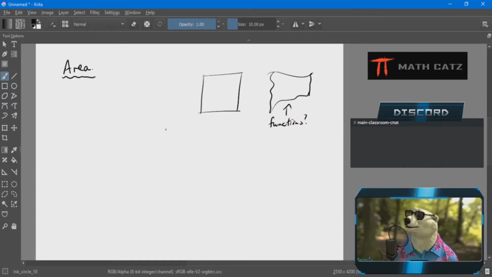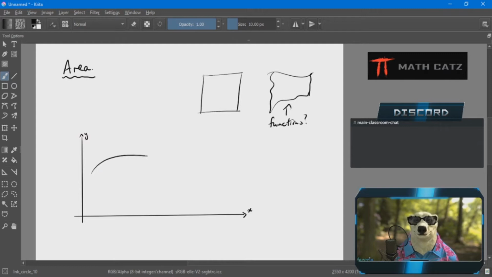Now, to make it as easy as possible as a first step for us, we're going to set it up with just one curvy line. And say here is our XY coordinate system. Let's suppose we have a graph like that.